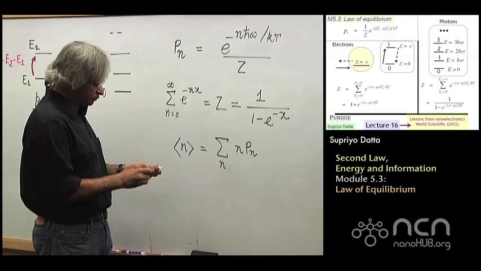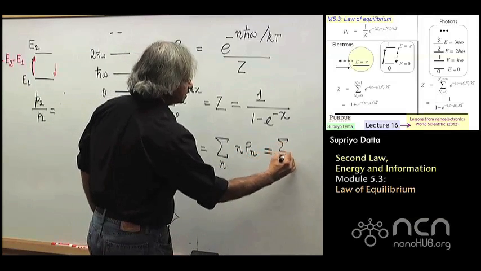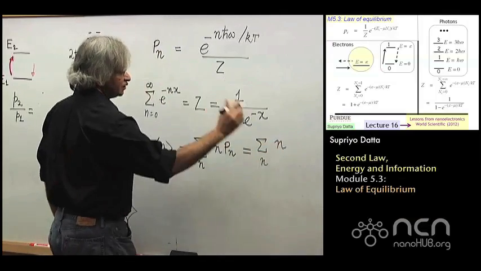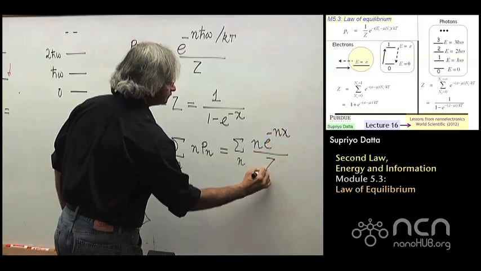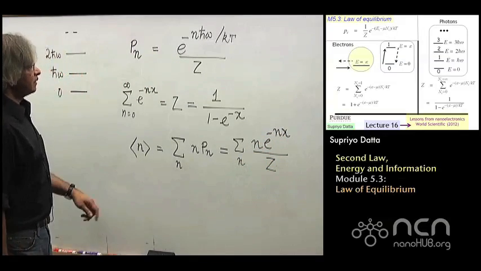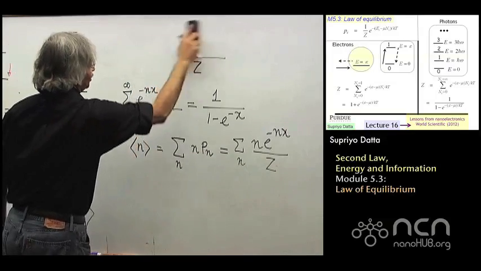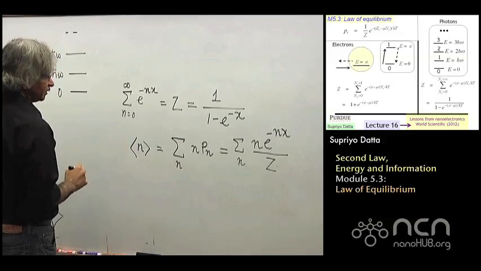And that comes to a summation over n, where Pn is e to the power minus nx over z. So it looks like we need to do another summation, but this is where you can use a little trick.